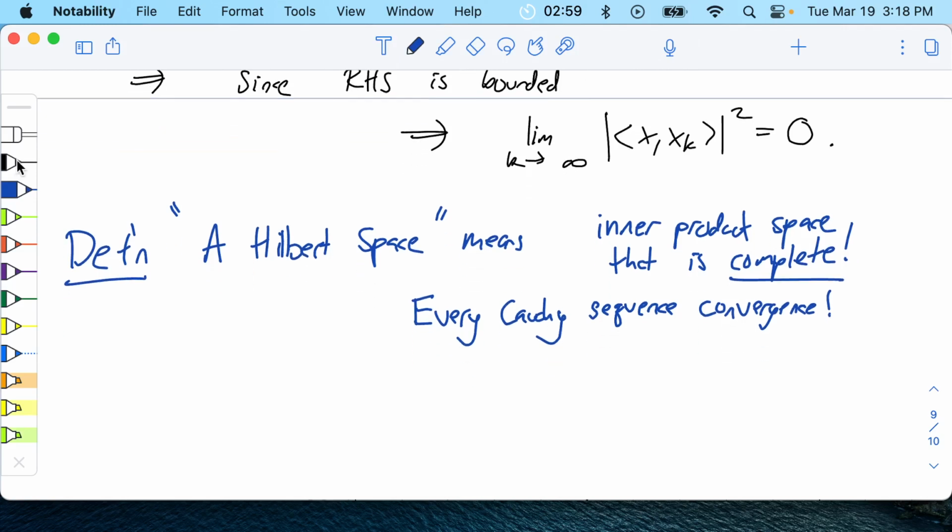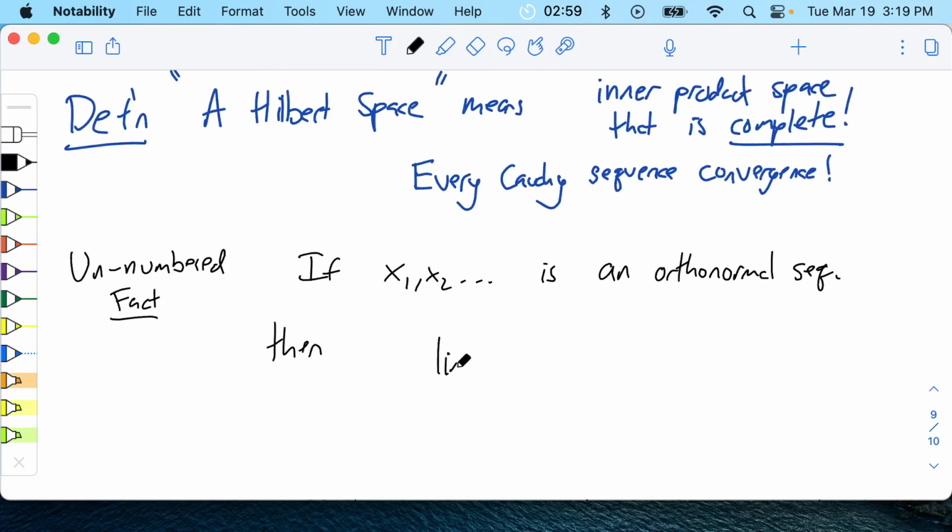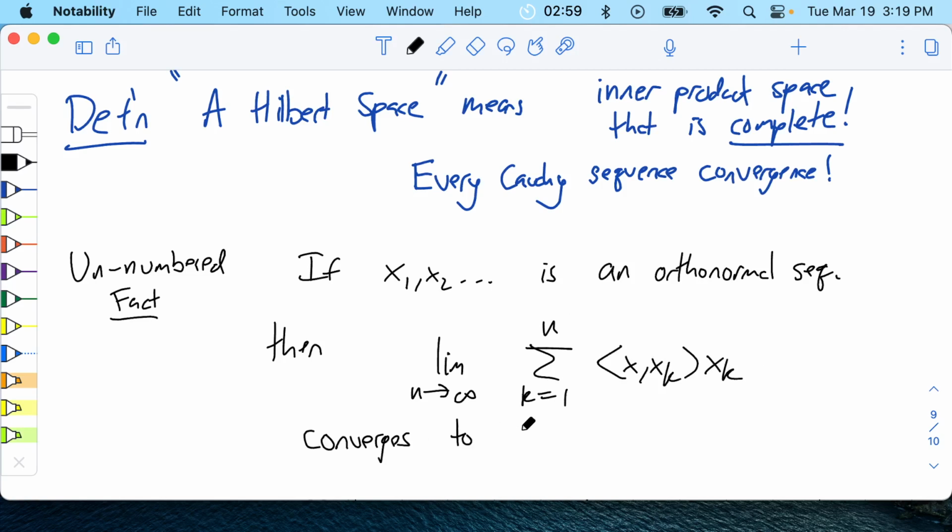And here is the fact. Again, it's another unnumbered proposition in the textbook. If x1, x2, ... is an orthogonal sequence, let's say orthonormal, that'll make things nicer, then the limit as n goes to infinity of the sum, k equals 1 to n of the inner product of x with xk times xk, converges to something in a Hilbert space.